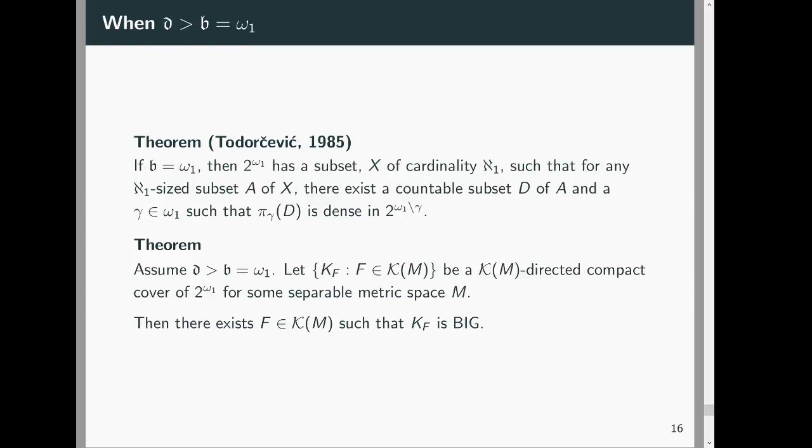You just push it harder using the Hausdorff metric on K(F). Just push it a little bit harder, and we can show that if you have a K(M) directed compact cover of 2^ω1, then for one of these elements, K(F) is big.